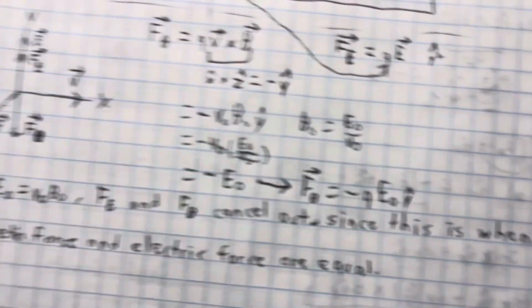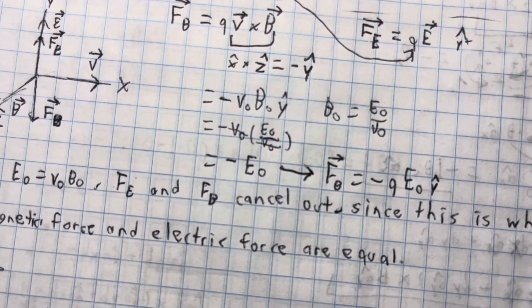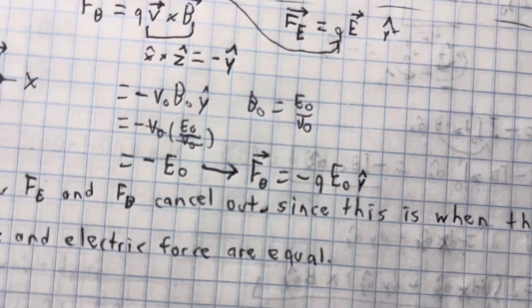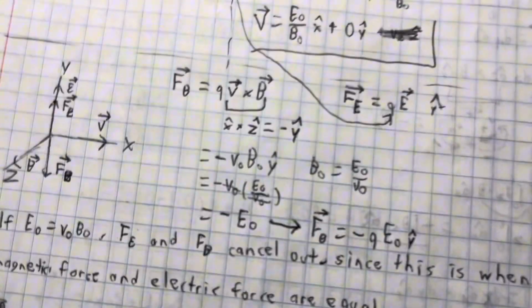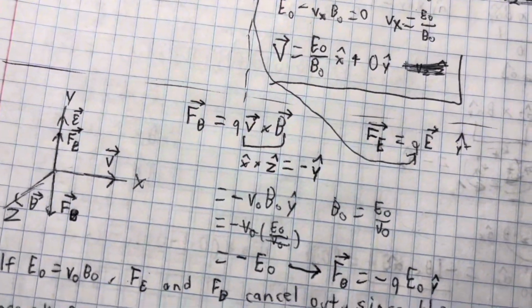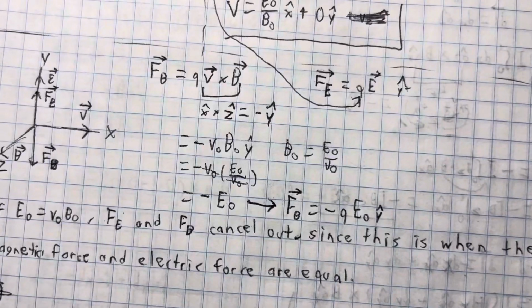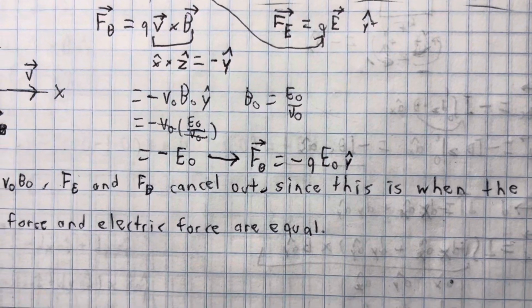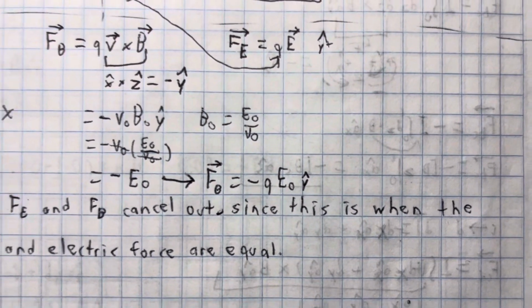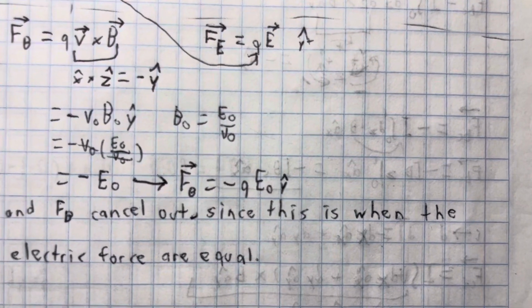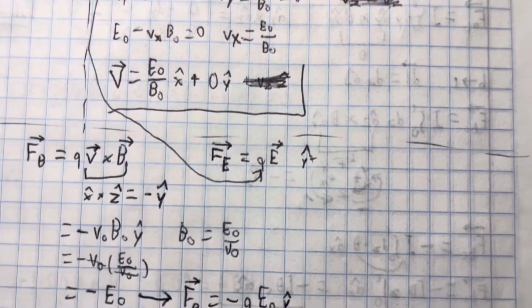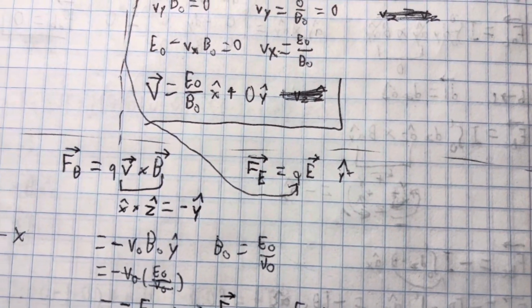The velocities cancel out, and we just get the negative of the electric field. So when we replace that in the cross product, the force from the magnetic field is equal to the negative of the charge times the electric field in the y vector, which is exactly the opposite of the electric field force.